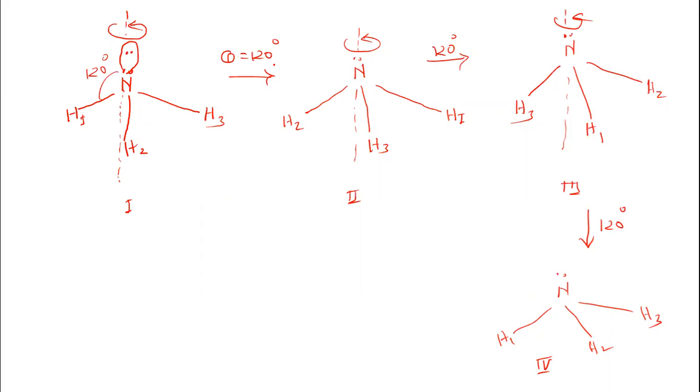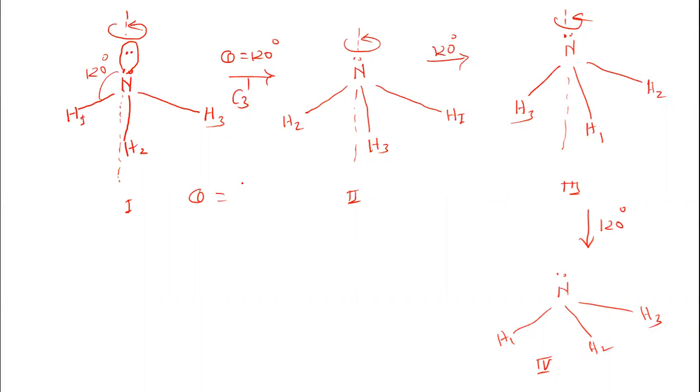So theta is equal to 120 degrees here. By rotating the ammonia molecule 3 times, we get the identical configuration. So we can say this is C3^1, meaning the first rotation. Why is it C3?